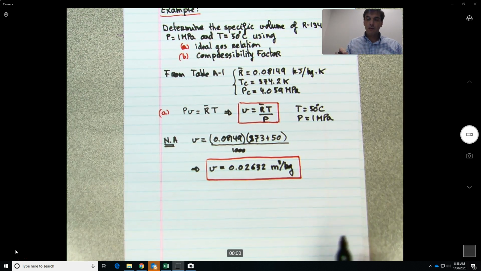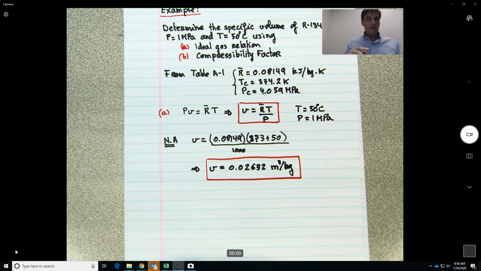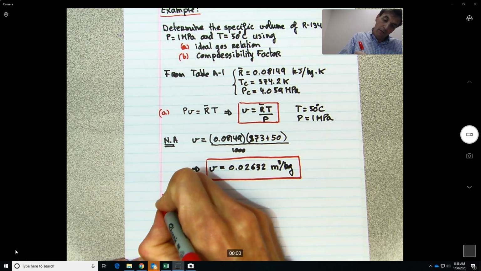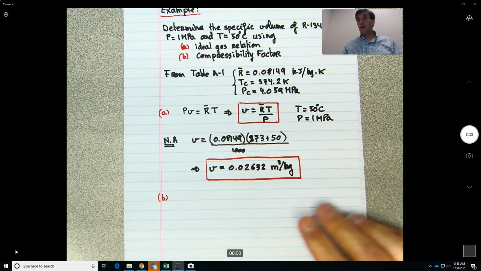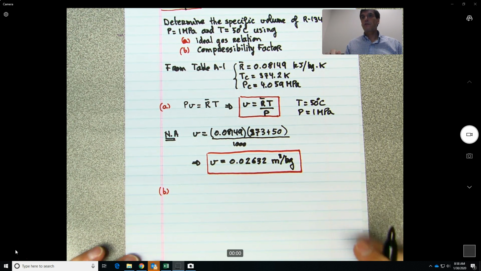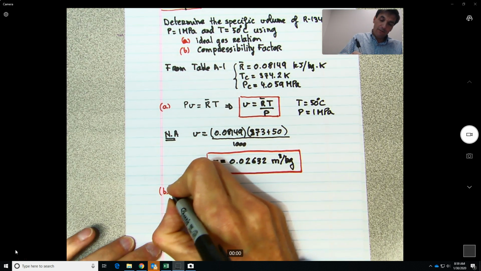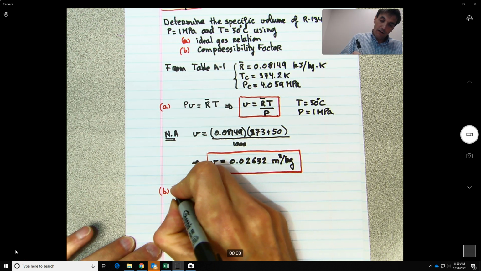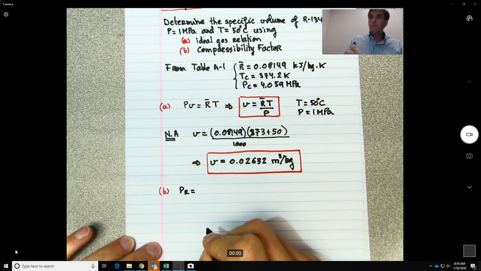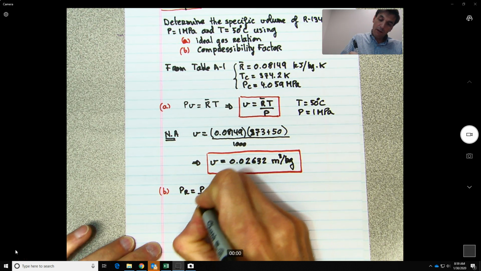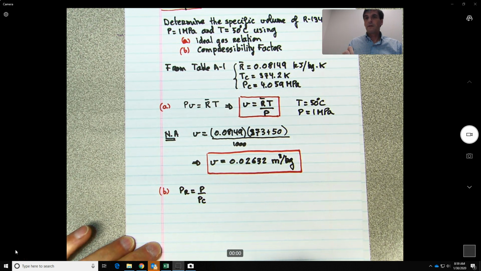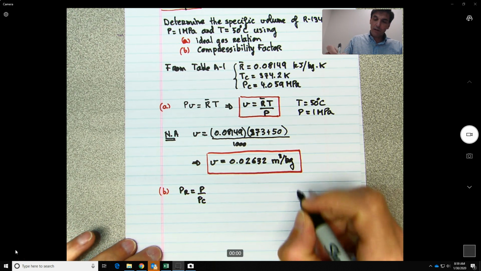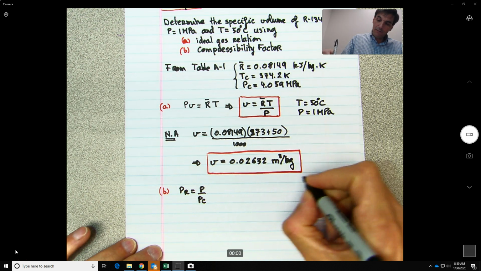Okay, and B is now using the compressibility factor. In order to use the compressibility factor, we need to determine PR, which is the reduced pressure, P over P critical.